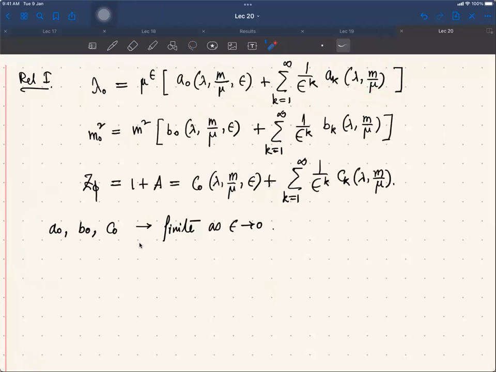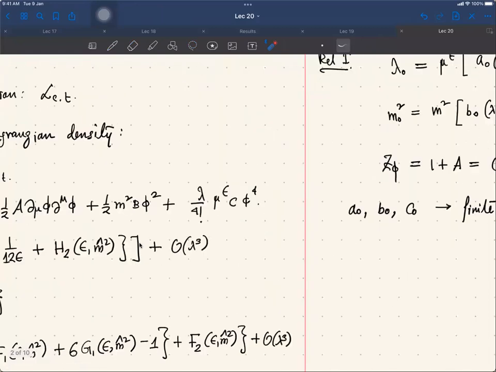Earlier I was writing it as a lambda expansion, now I'm writing it as a pole expansion. And of course AK, BK and CK will each have a lambda expansion, because we are doing perturbative calculations. And apart from the poles, there are finite pieces, given by A0, B0 and C0. Now let us look at the finite contributions here.